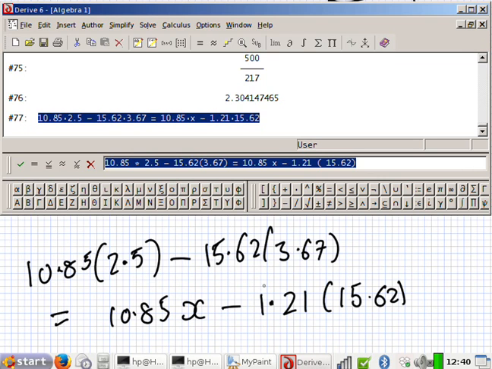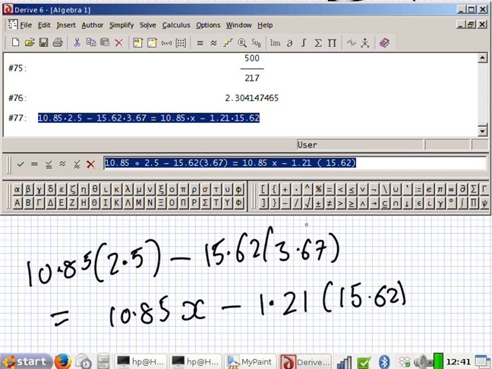Shouldn't it be plus 1.21? No, minus. It says after the collision B continues to move in the same direction, so I'm assuming the same direction as previously. Although what about A? We don't know its direction. So if X is positive, it's going to the right, and if X is negative, it's going to the left.